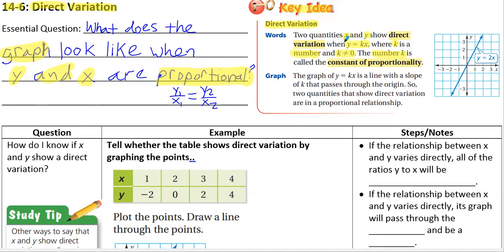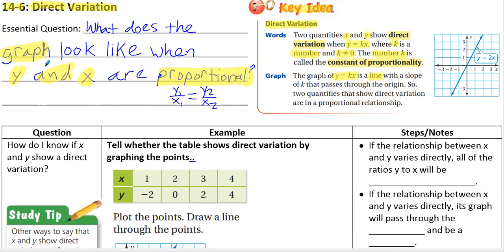So apparently, we have direct variation if y equals kx. And if y equals kx, then y and x are proportional. So if we have y equals kx, that means y to x shows direct variation, which means they're proportional. It's a line.